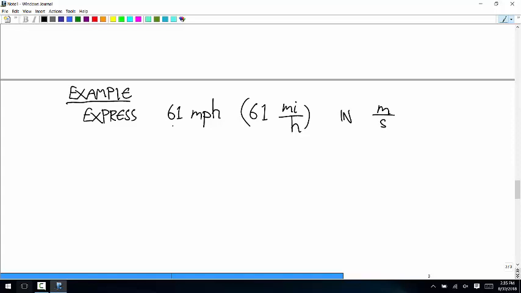So these are measurements of speed or velocity. Meters per second is the SI unit for speed or velocity. So we're going to start out with that original quantity. I'm going to put the fraction bar like that. I'm going to start out with 61 with the miles on top and the hours on the bottom.